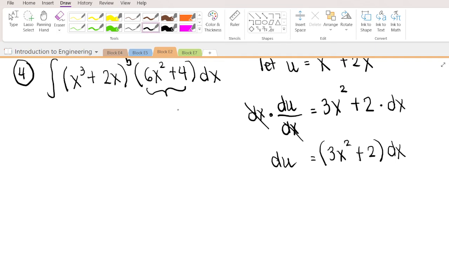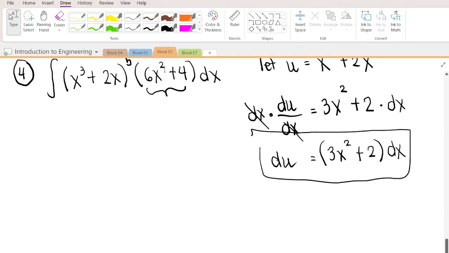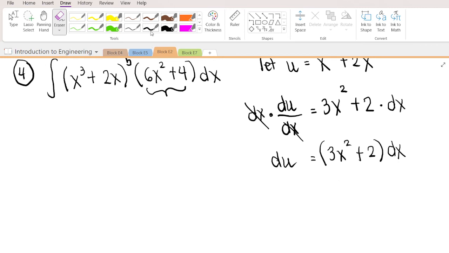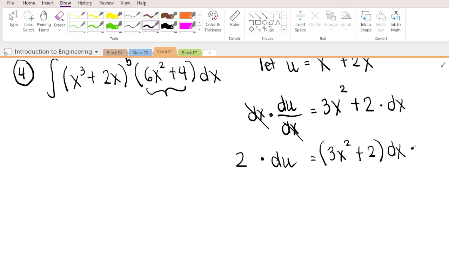Since I want my du to contain 6x squared plus 4 because I will substitute it here as I did in the other items, what I can do is multiply both sides by positive 2.